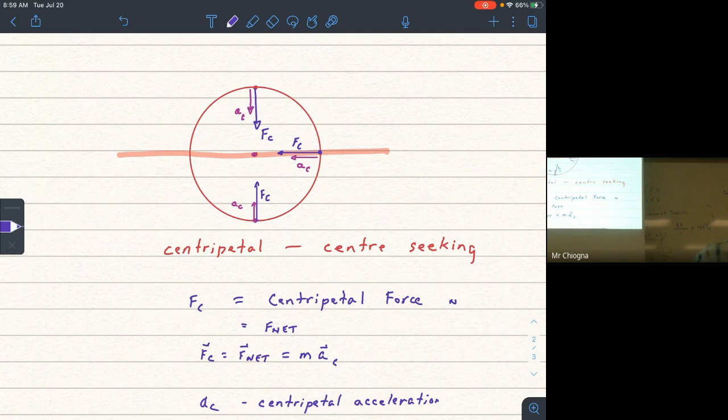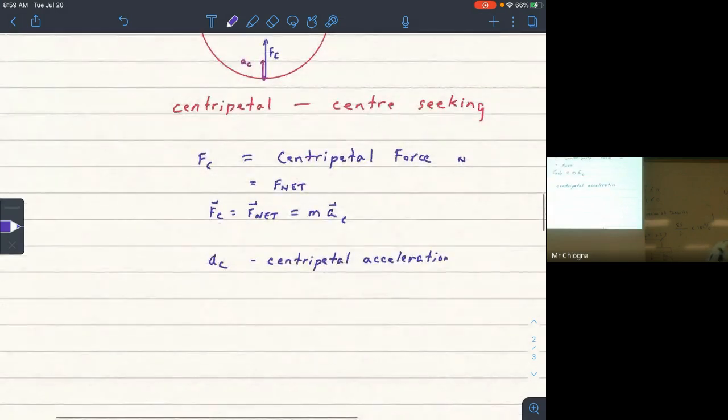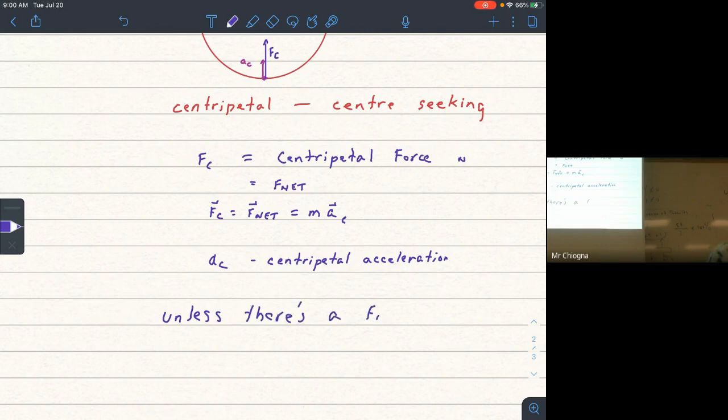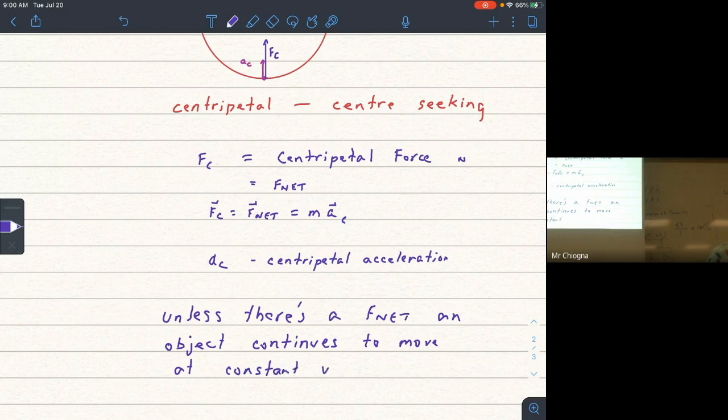So that's the key. Unless there's a net force, an object, if it's moving, will continue to move at constant velocity.